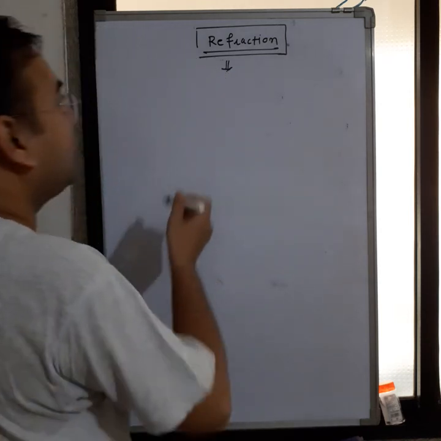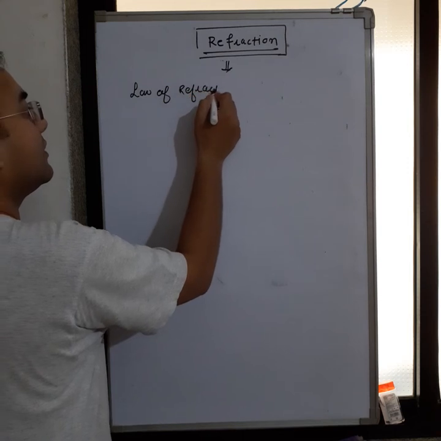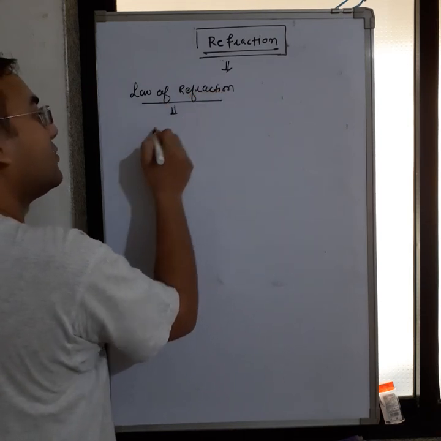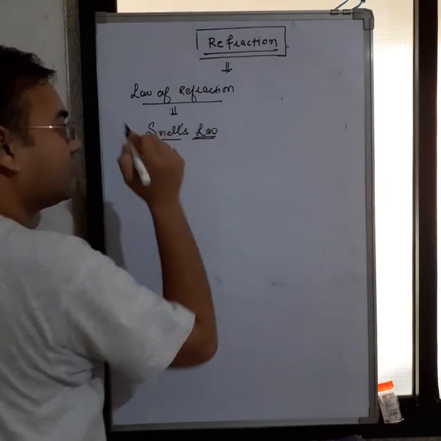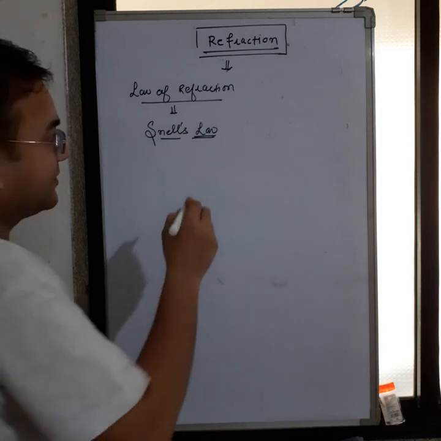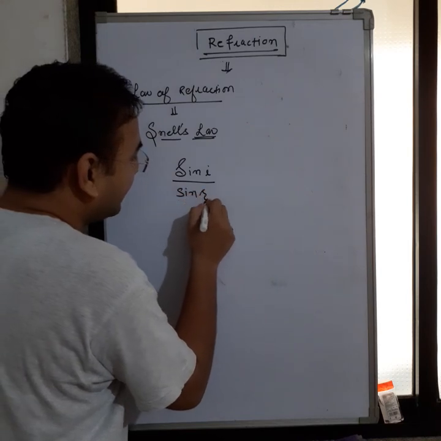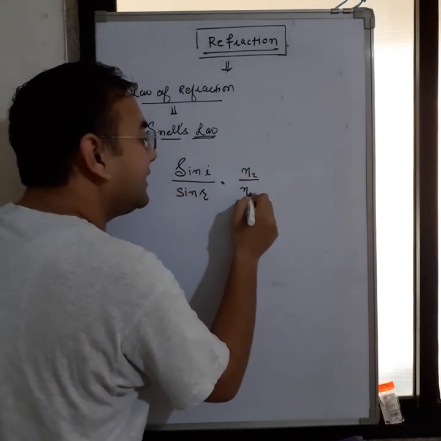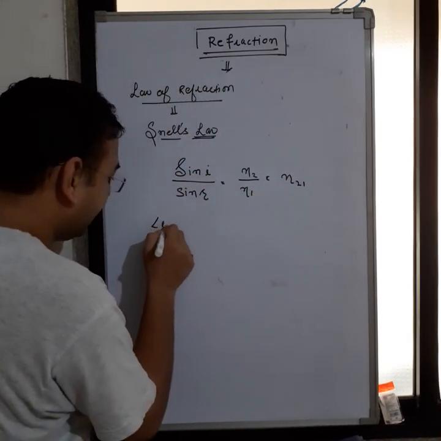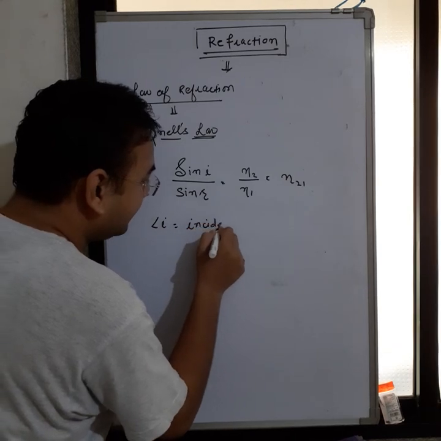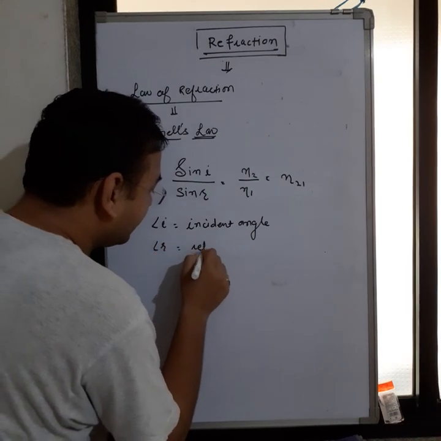Now we have to see one more interesting thing, and it is known as the law of refraction. It's Snell's law. According to Snell's law, sin I upon sin R is equal to eta 2 upon eta 1, which is equal to eta 21. Here angle I is known as the incident angle, and angle R is known as the refracted angle.